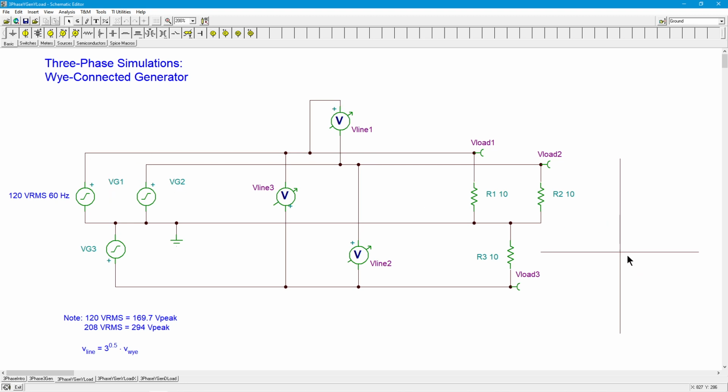VG1 is a 120 volt RMS magnitude out here at 0 degrees. And what's VG2? It's also 120, the same magnitude length, but the angle now would be 120 degrees. So we come back, there's 90, 120 is out here somewhere, about 30 degrees off of that vertical.